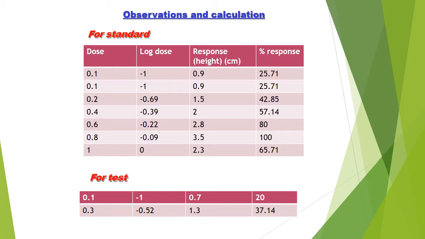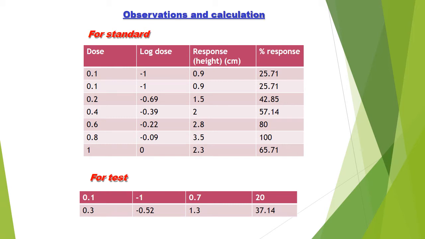So we'll be talking about the observation calculation. This is the dose. For the standard dose we have kept 0.1. You can see the standard dose. The first one is repeated twice, so just ignore that.